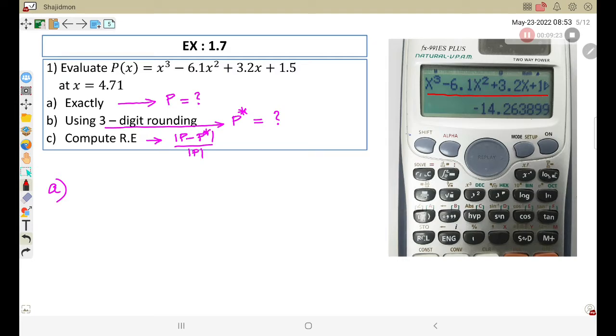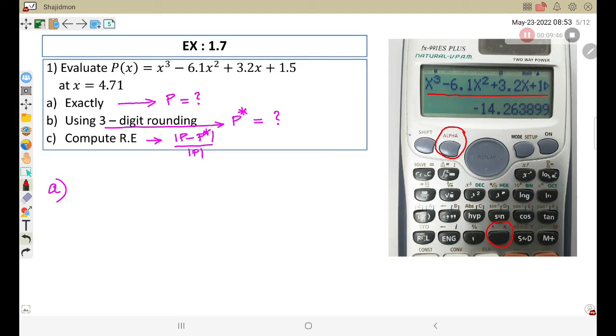How are we entering it? Just use the alpha button. You can see one alpha button here. Alpha, then here you can see the red color X, on the lower side. So wherever you want X, use the alpha button and X, because for red color letters you need to use the alpha button.